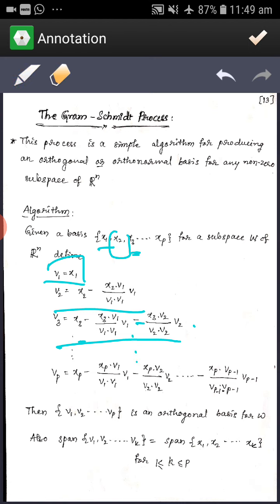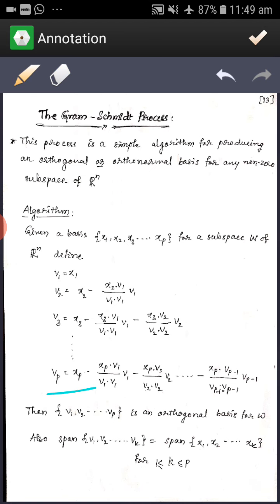It will go on like that. For vp, it is xp minus (xp dot v1 divided by v1 dot v1) times v1, minus (xp dot v2 divided by v2 dot v2) times v2, and so on up to the previous vector, xp dot v(p-1). We need to apply that much. Like this we find the orthogonal basis.